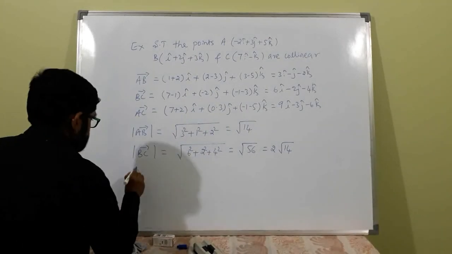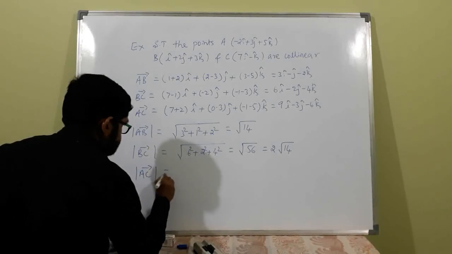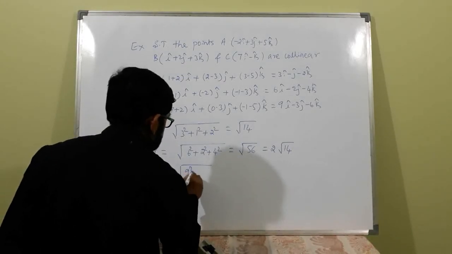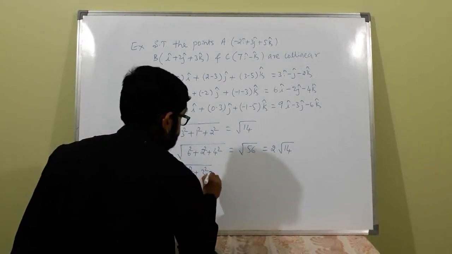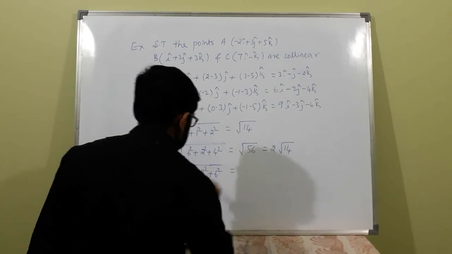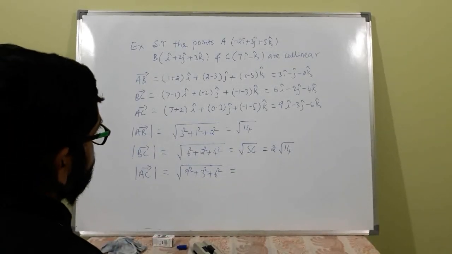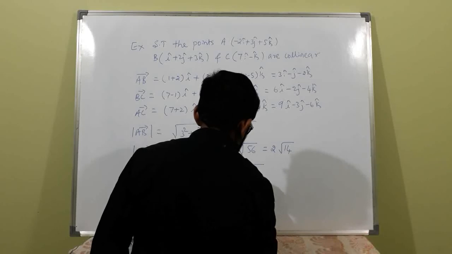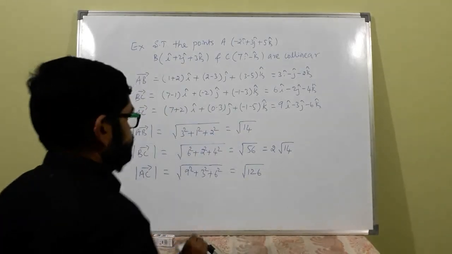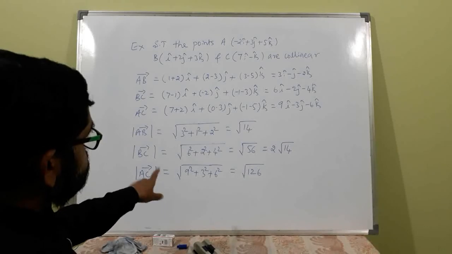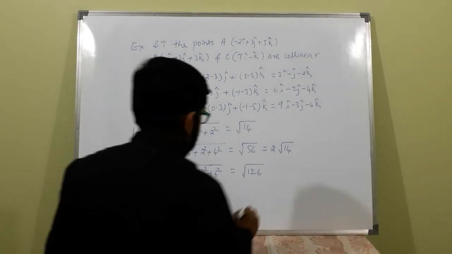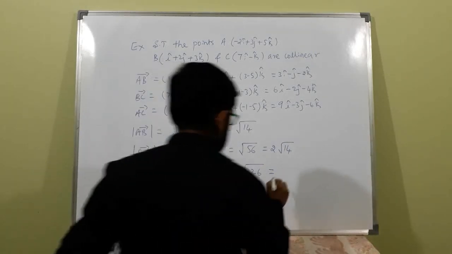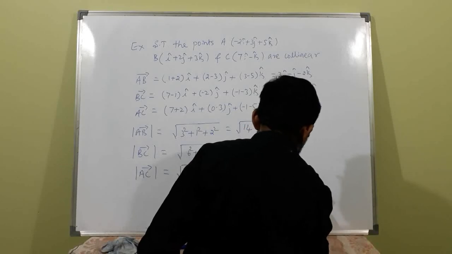AC is the square root of 9 square plus 3 square plus 6 square, that is 81 plus 9 is 90, plus 36 is 126. 126 means 9 into 14, so 3 times root 14.